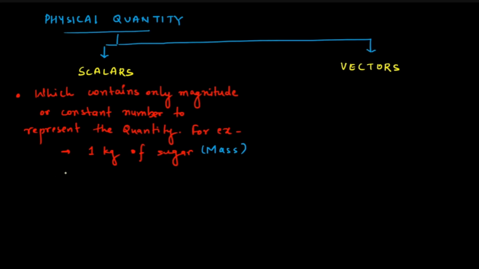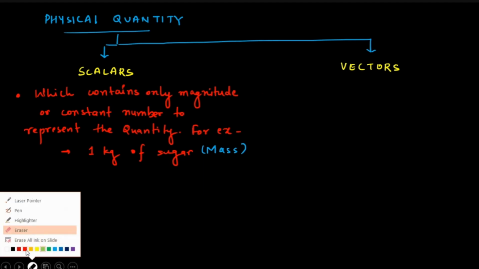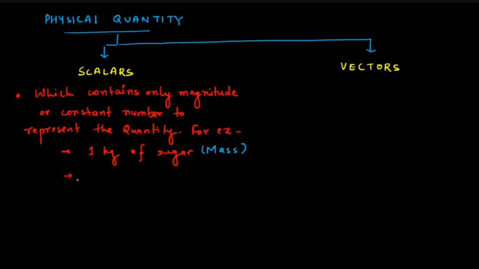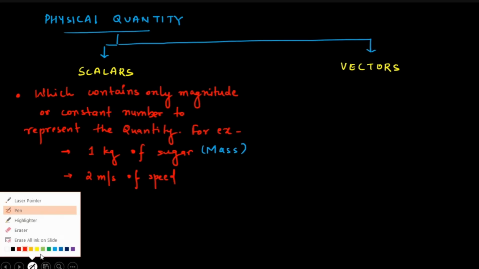Similarly, a particle is moving with 2 meters per second of speed. Again, 2 meters per second means it is representing speed. Speed is again a different physical quantity.